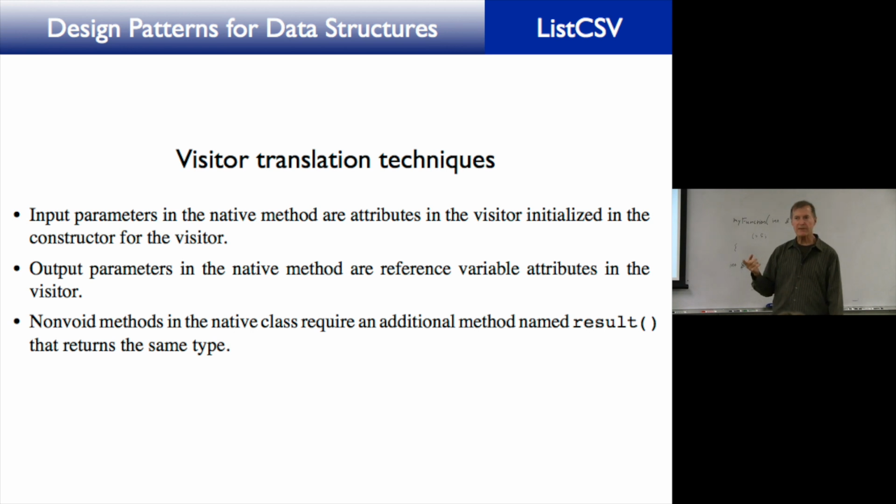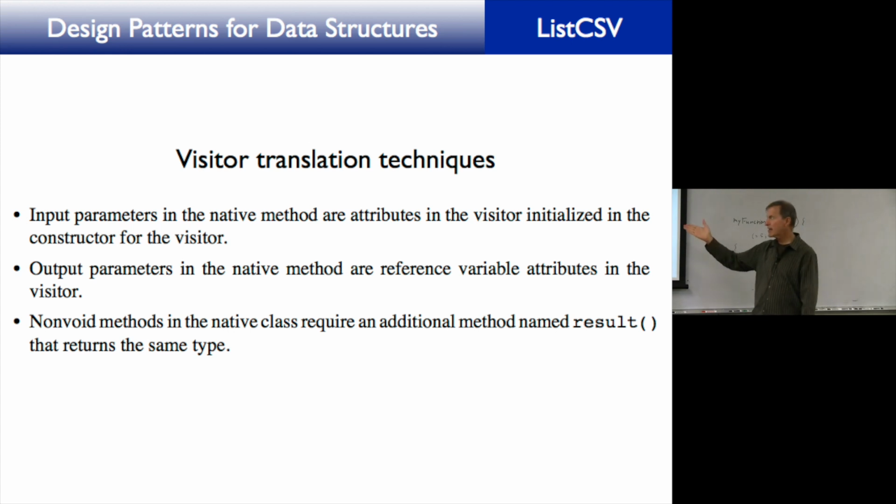So what's going to happen, the idiom for that, the translation mechanism for that is, we'll have an attribute, not a local variable, for what gets returned, and when we do the accept we'll just set that attribute. The visitor will set that to the value that needs to be returned, and then we will supply a result function for the user to call to get that value.